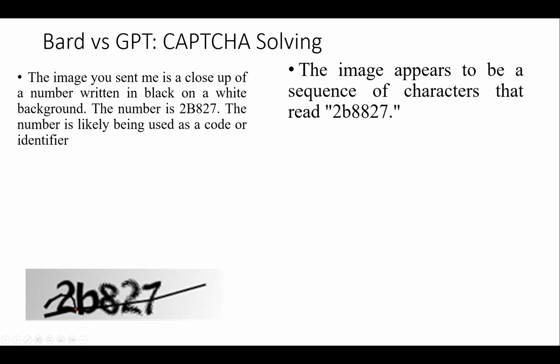So 2B827, clearly they've done some obfuscation of both the pixels and the lettering. If you look into how BARD is doing this, there may be some optical character recognition. Sometimes people use an open source tool called Tesseract, but my guess is BARD is using some of its own AI underneath.